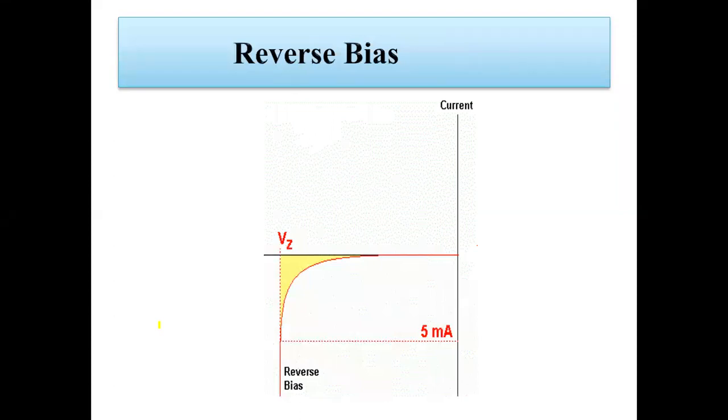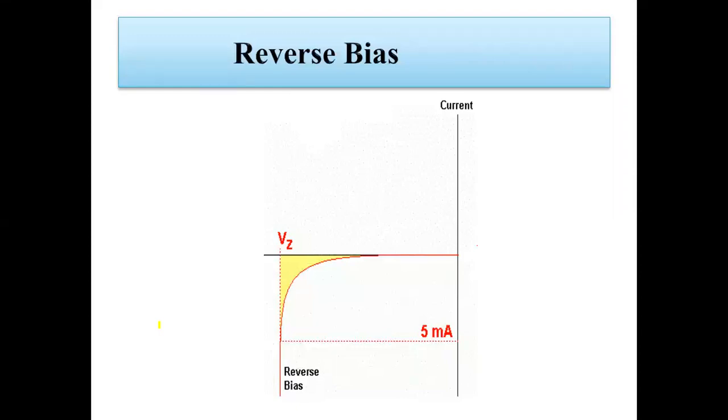But in the reverse direction, we increase the voltage, but we don't get any certain amount of current, and the current is so low, that is 5 milliampere, and this current is known as leakage current.